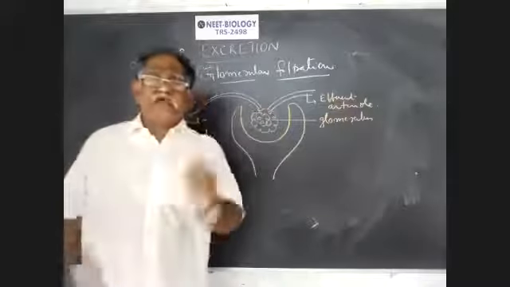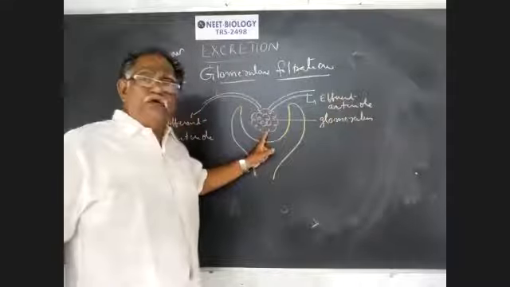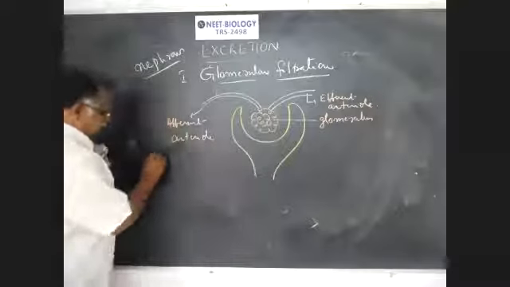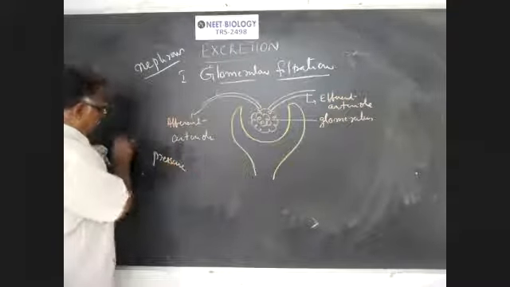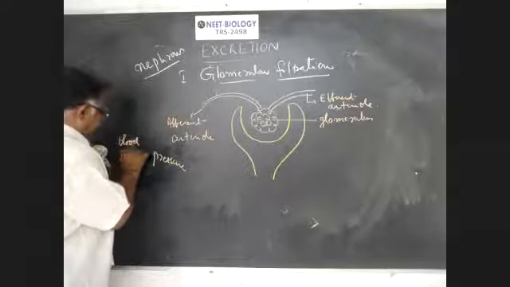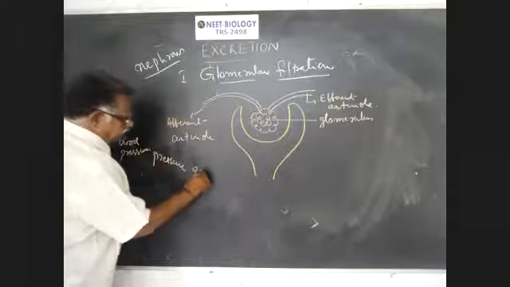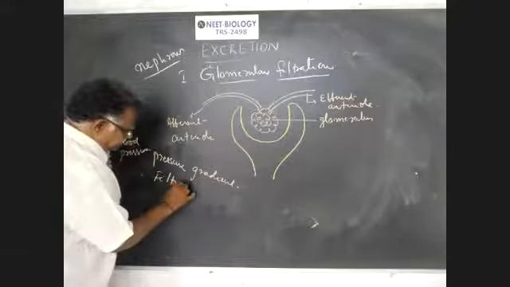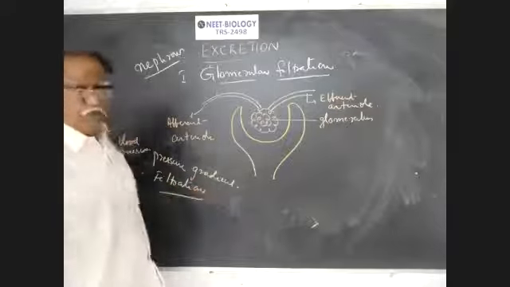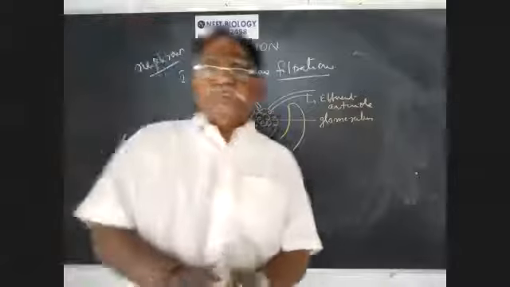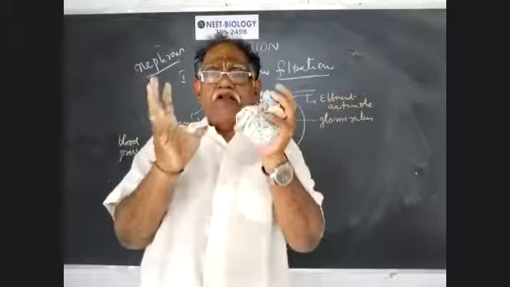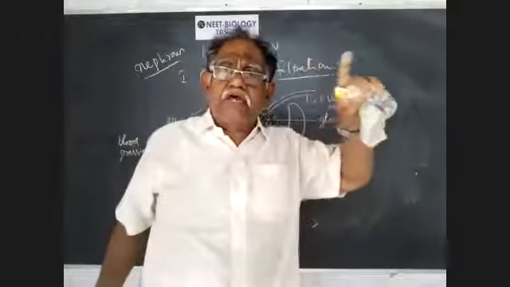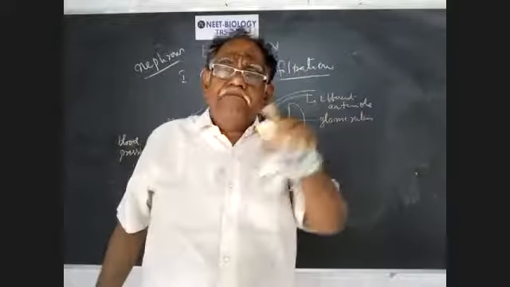So, filtration of blood takes place in the glomerulus because of pressure gradient. Because of blood pressure gradient, filtration occurs in glomerulus from the blood. So this is glomerulus, a capillary knot. Afferent arteriole brings blood into the glomerulus, and efferent arteriole carries out the blood from the glomerulus.